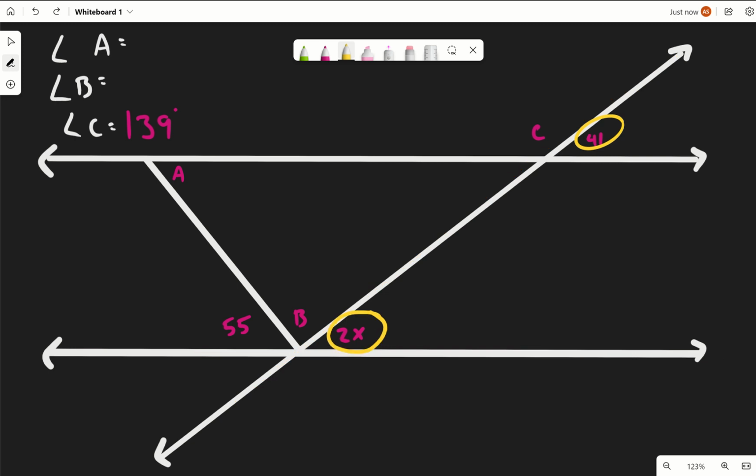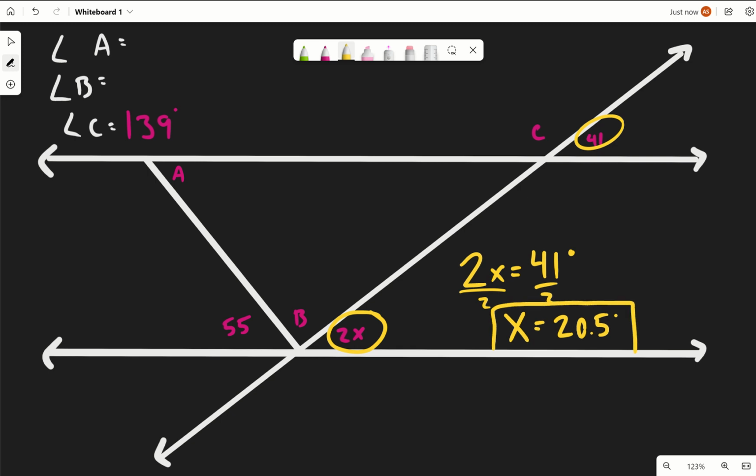Well, 2x equals 41 degrees. Divide by 2, divide by 2. X is going to equal 20.5 degrees. So x is going to equal 20.5. So we know that this 2x could also say 41, because we know 2x equaled 41 degrees.